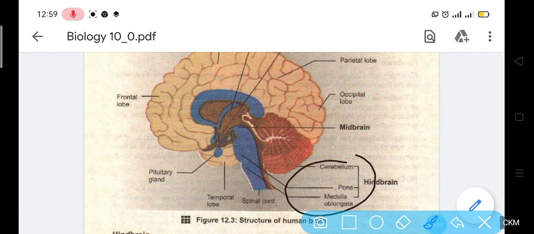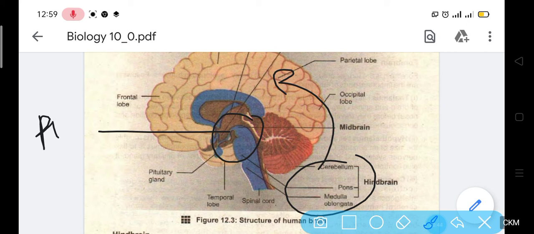The midbrain is also involved in controlling posture, as well as some auditory reflexes, like the reflexes we give after listening or hearing. These kinds of reflexes are under the control of the midbrain.